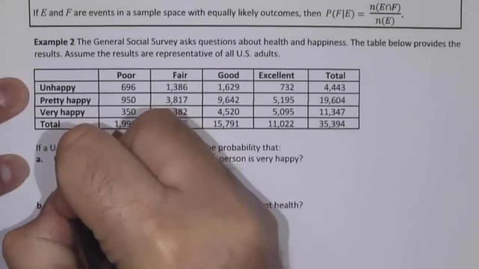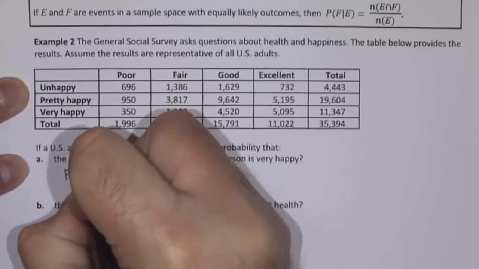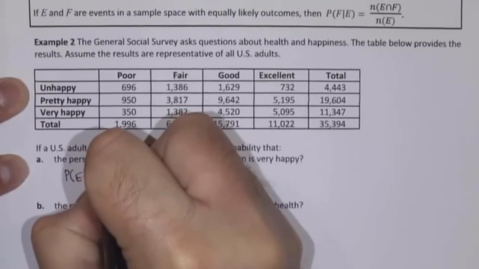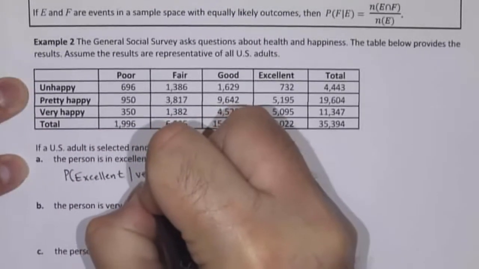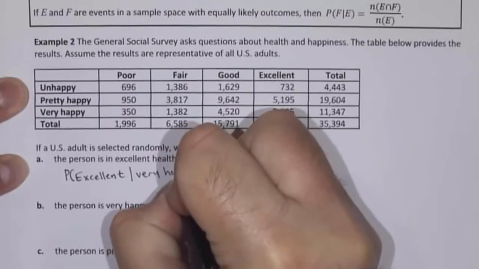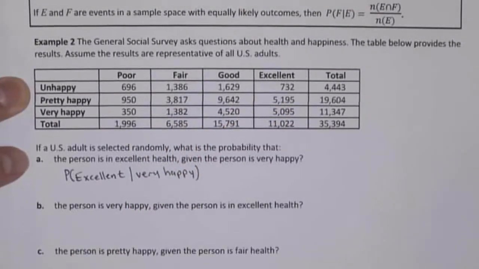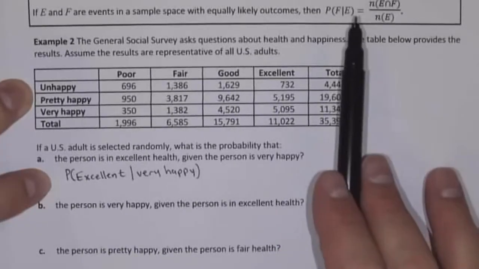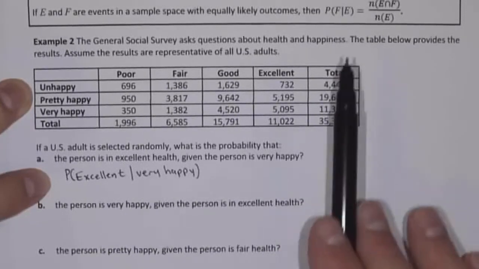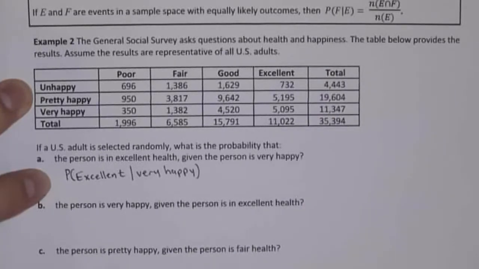So we're looking for the probability of excellent health given that they're very happy. So in this case, excellent is like F and very happy is like E. So we need to find the number of individuals who are both in excellent health and very happy and divide that by the number of individuals who are very happy.